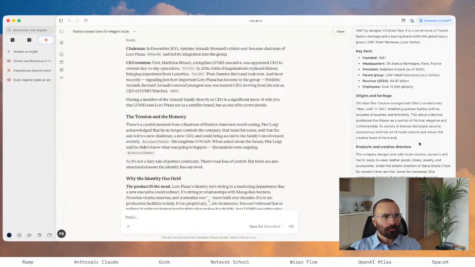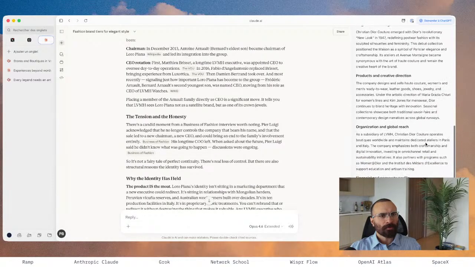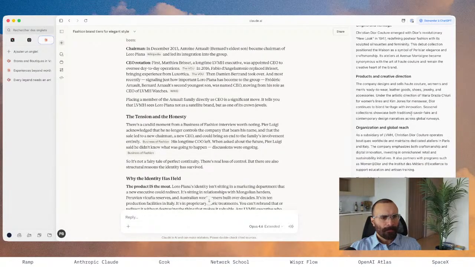The parent group is LVMH, Moët Hennessy Louis Vuitton. Similar Parisian elegance and craftsmanship. The ateliers on Avenue Montaigne became synonymous with the art of haute couture and remain the creative heart of the brand. Legally registered as a simplified joint stock company.